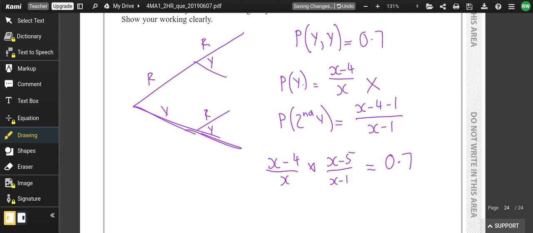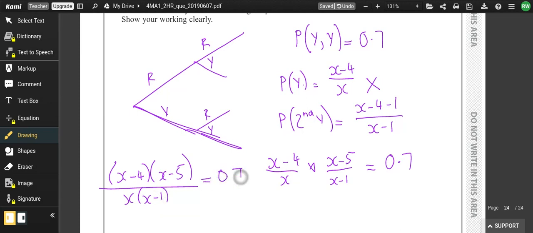Once we've done that, we can multiply both sides. We'll do x minus 4 times x minus 5 over x brackets x minus 1 equals 0.7.